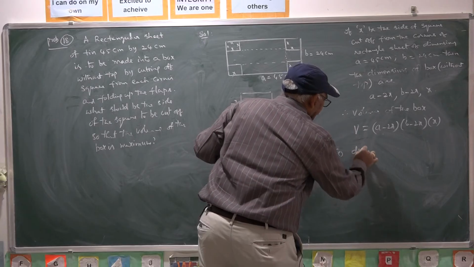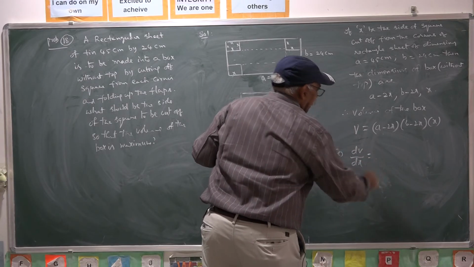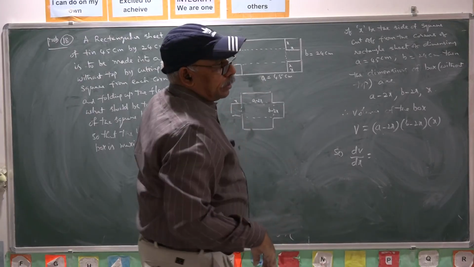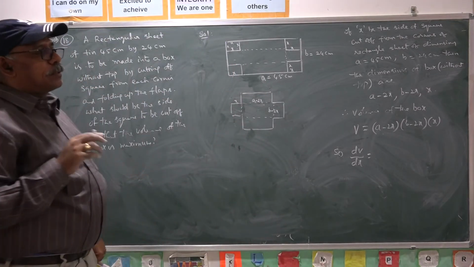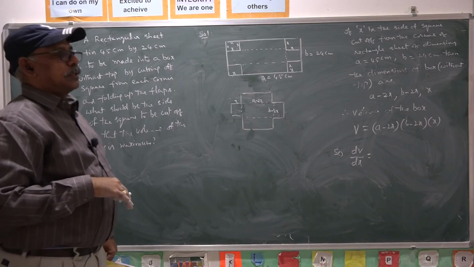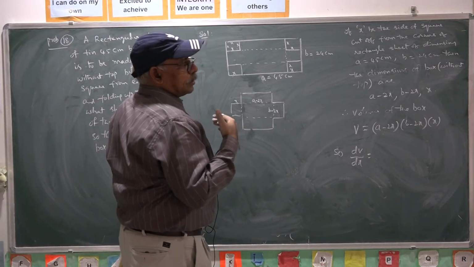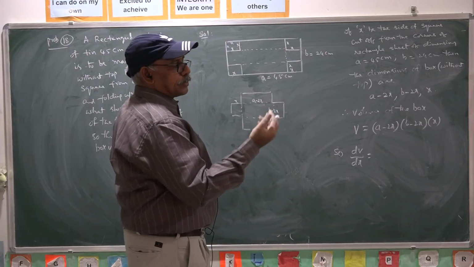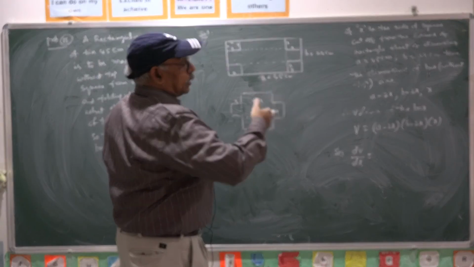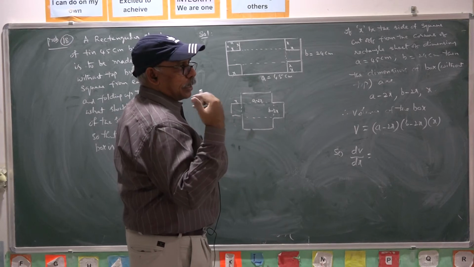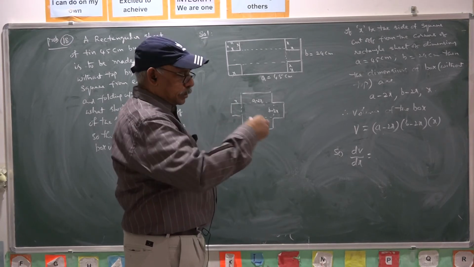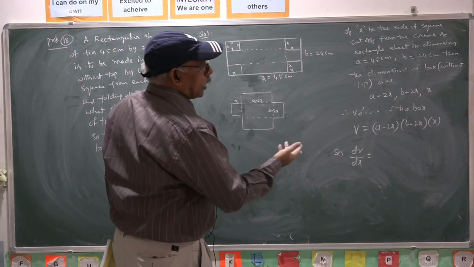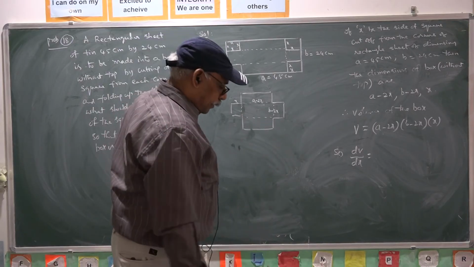Here x is a variable, the side of the square piece cut off from the corners. You may take 2 centimeters or 4 centimeters, 5 centimeters. Like that, different volumes of the boxes are obtained. Out of all these volumes, the maximum value is to be considered, and correspondingly x is to be found.